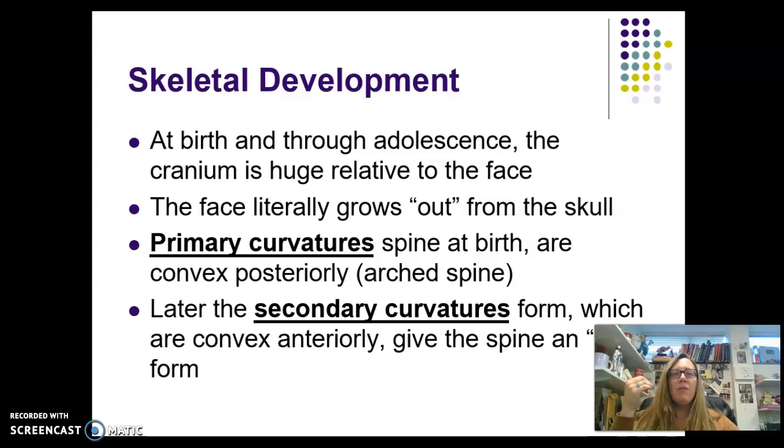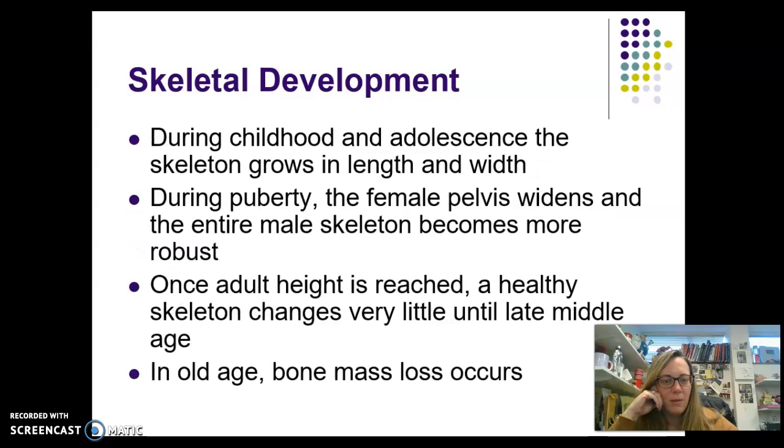And if you think about the face, babies have kind of a squished face, like a pug almost, and then the face literally grows out of the cranium, grows out in a way like this. Just interesting how the facial features develop. So again, during childhood and teenage years, our skeletons will end up developing until about the age of 25.